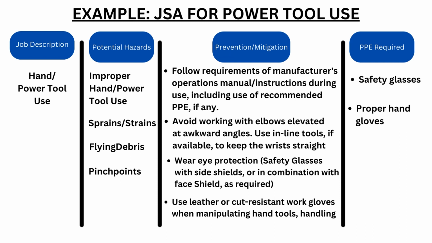What are the PPE required for improper hand power tool use? Safety glasses, proper hand gloves. Now the other potential hazards in use of hand power tools are strains, flying debris, pinch points. Similarly, other preventive and mitigation measures can be taken care of, and the required PPE like a face shield if required can be used.